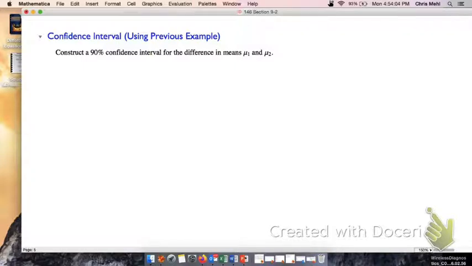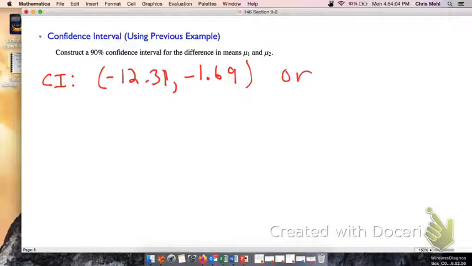Okay, so now, what's my 90% confidence interval? There are two ways of writing the confidence interval itself. You can write the interval, and I'll just round this to two decimal places. Actually hold on, sorry, it's the other way around. It was negative 12.31 for the lower limit and negative 1.69 for the upper limit, or I like it better if it's written this way.